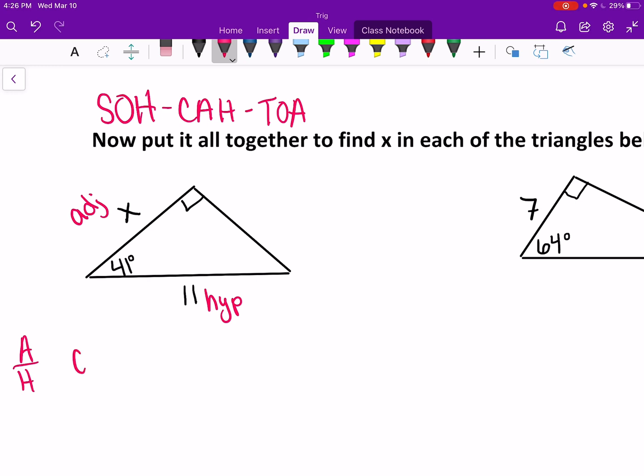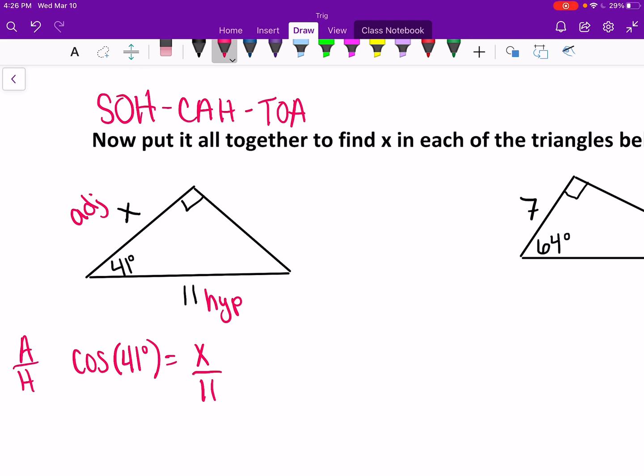So cosine of our angle, which we know is 41 degrees, should be equal to the adjacent leg over the hypotenuse. So x over 11, since x is our adjacent leg and 11 is our hypotenuse. So that's the setup, and now we just need to solve for x.